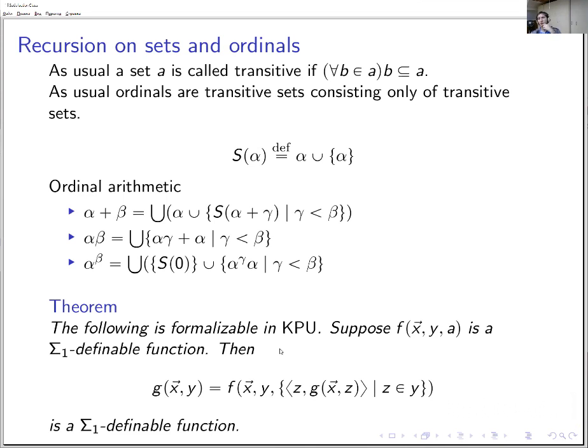We say that the value of g on given x, y is something if there exists a partial graph of g on the transitive closure of set y such that it abides by this recursive definition.